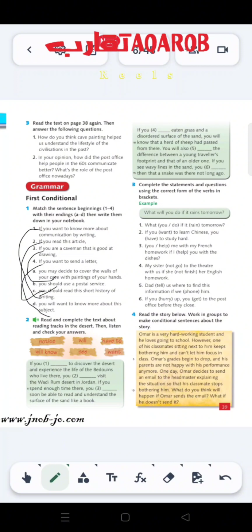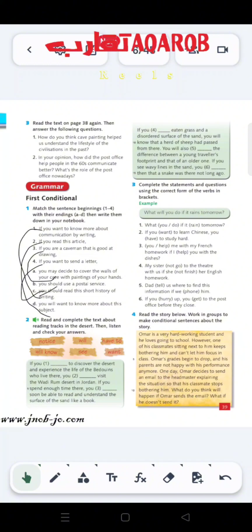Now 2. Read and complete the text about reading tracks in the desert. Then listen and check your answers. So let's read it together, then put the suitable words in the paragraph, in the blanks.